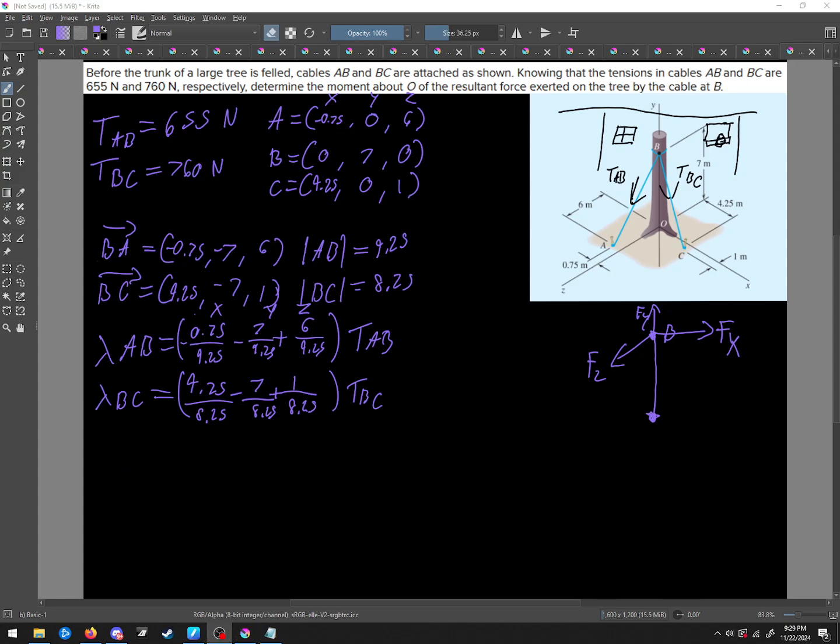Okay, yeah, indeed, I was wrong. So we need to have a resultant force, the summation, that just means TAB and TBC, or in this case BA, are one. We need to make them one so that we can cross it. We need to do R cross F. So we need to find what that F is going to be.